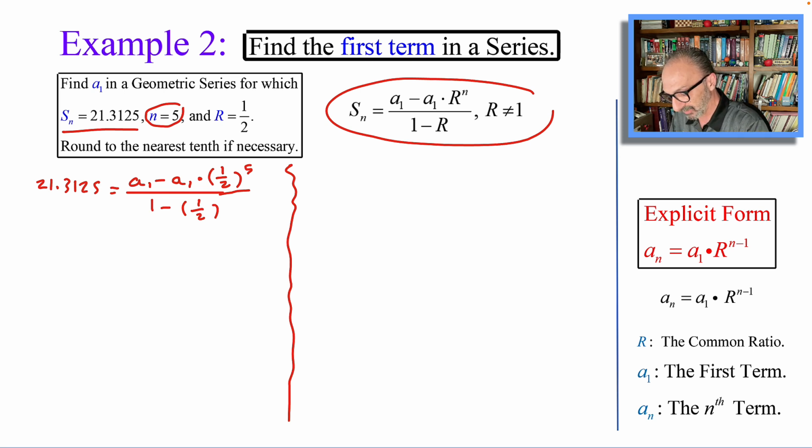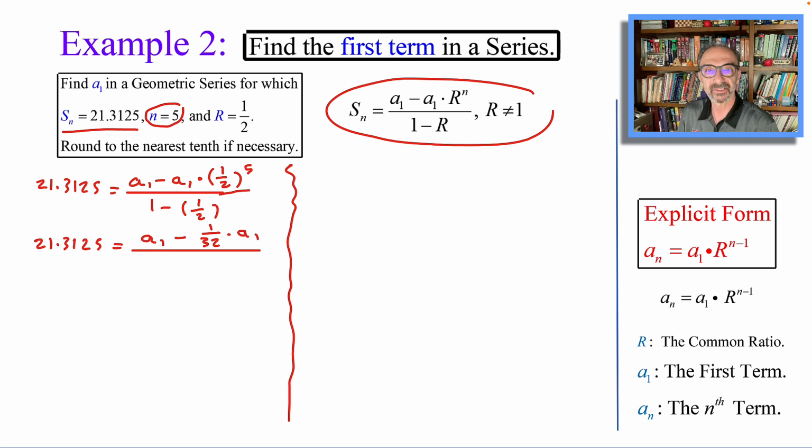So we have 21.3125 equals a sub 1 minus 1/2 to the power 5. That means 1/2 times 1/2, 5 times. That's going to give me 1 over 32. Instead of saying a1 times 1 over 32, I'm going to say 1 over 32 multiplied by a sub 1.